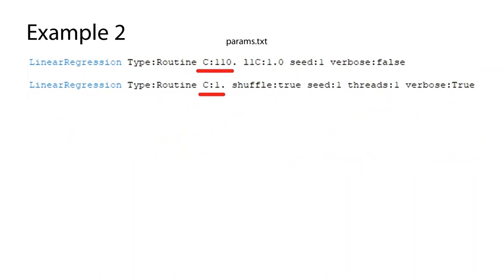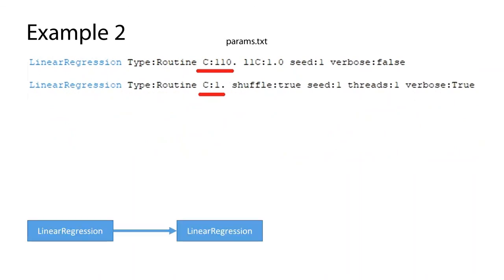So look at the first one called params.txt. I only have two models. I have a linear regression fit on the input data, and then another linear regression fit on the predictions of that first linear regressor. So one student and one teacher here.